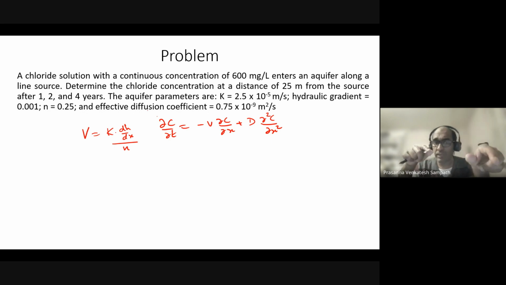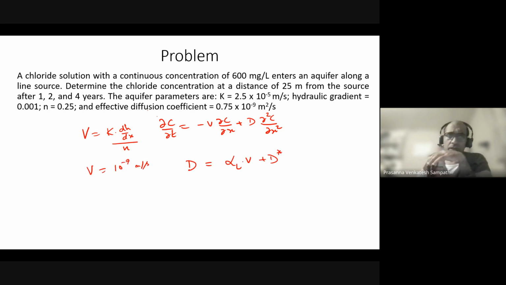So you find out v or vx like we've been using, and then you take that vx and put it into this equation, dou c by dou t equal to minus vx dou c by dou x plus D dou square c by dou x square. Like I said, you have the analytical expression for this, and you also have a numerical expression for it, right? So we will look at how to compute all of those different parameters. Let's just go through the steps.